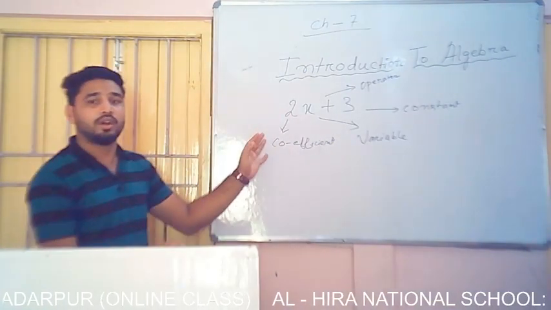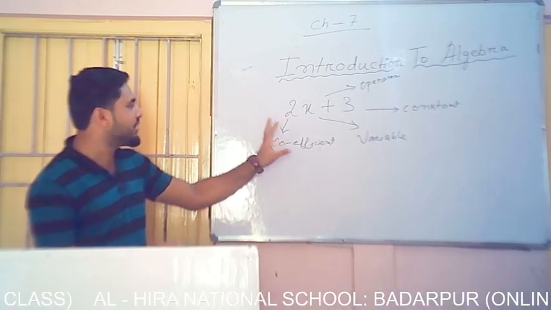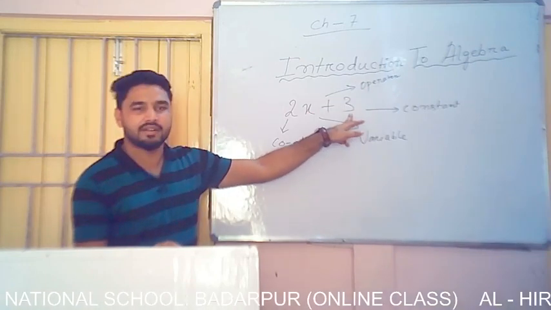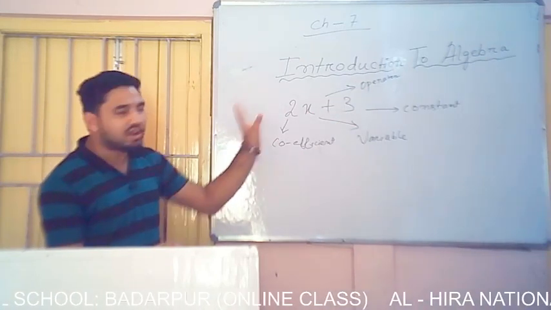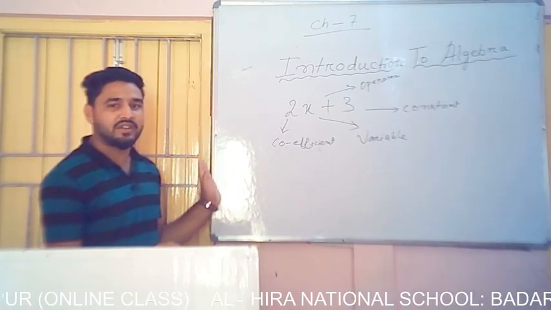So this is what algebraic expressions are. I said combinations of variables, operators and constants are called algebraic expressions. So this is what is an algebraic expression.